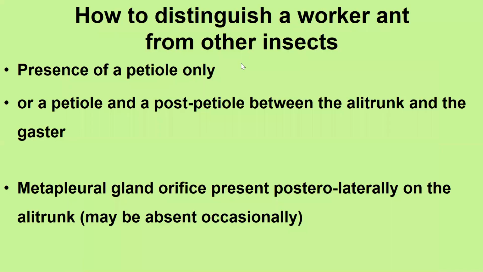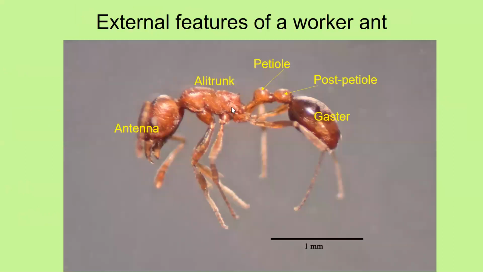Then I mentioned here the metapleural gland orifice, present posterolaterally on the elytron. Usually it's found here. If you are a participant with a zoology background, you can see very small openings when you look at the specimen under a low power microscope.